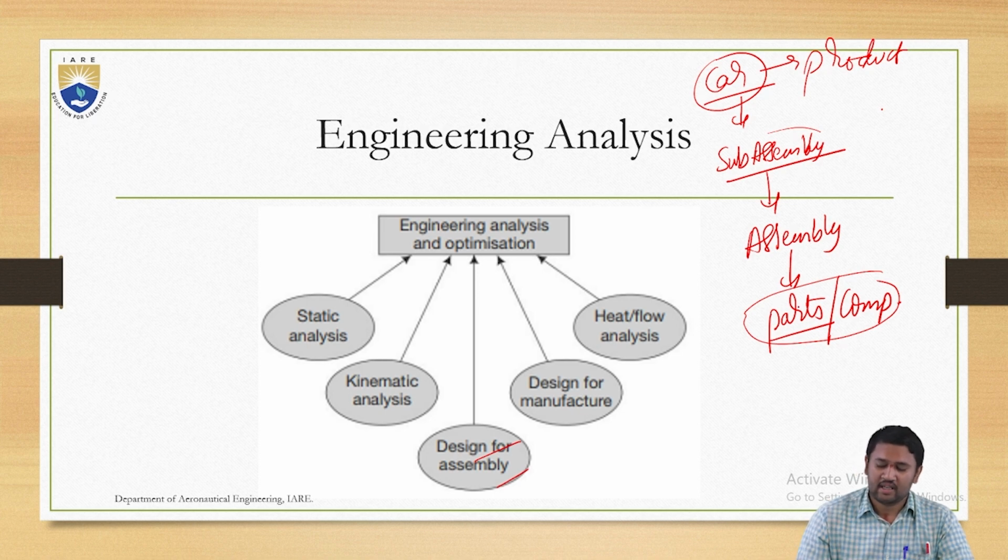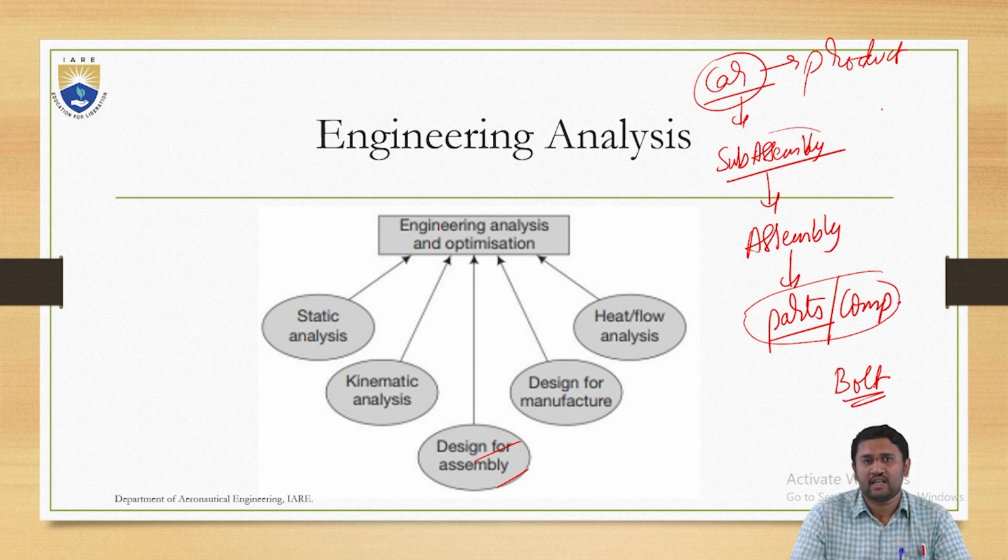For example, let's say a simple bolt in a car, right? The same bolt will be designed in such a way that it is easily assembled in your cars. The same thing for any other screw or washer, right? All these are a few common components which you will be using for creation of a larger assembly.